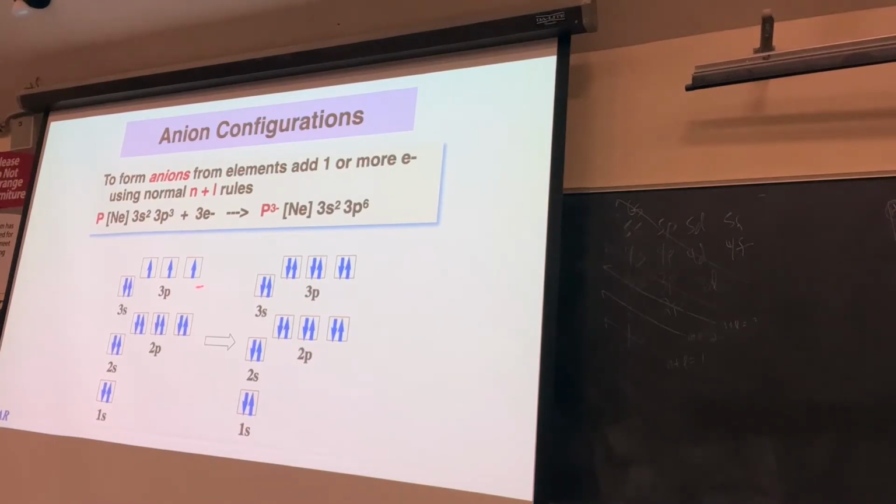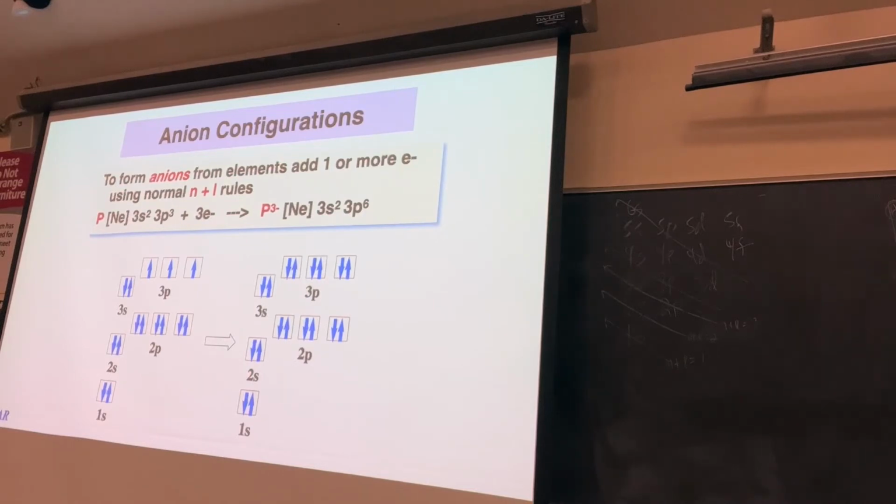So you can see that in phosphorus, there were like 3 places to put electrons. So you can put 1, 2, 3 electrons in there to fill it up. So making an anion, you just follow the regular rules of adding electrons in. So in this case you fill in the 3p to make it 3p6, and you're good to go.